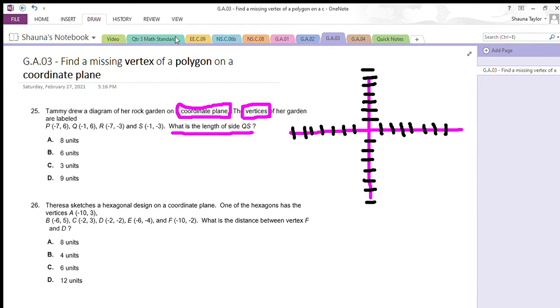And I'll just go ahead and elongate this. There we go. All right, so now we just have to plot our points.